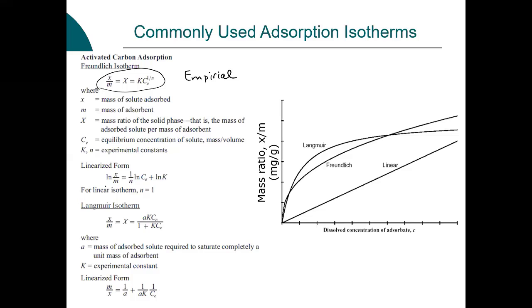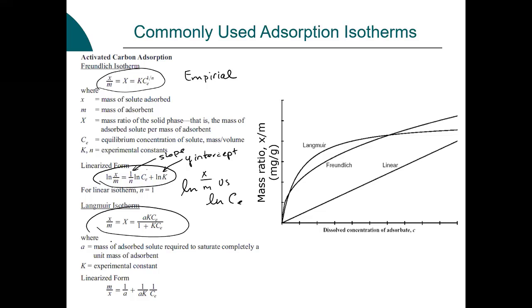And we can linearize that by taking either the natural log or the log base 10 of X over M. That equals 1 divided by N times the natural log of the equilibrium concentration plus ln of K. So this is our y-intercept, and this is our slope. So we're plotting ln X over M versus ln of the equilibrium concentration.